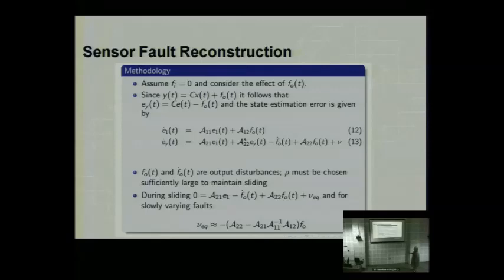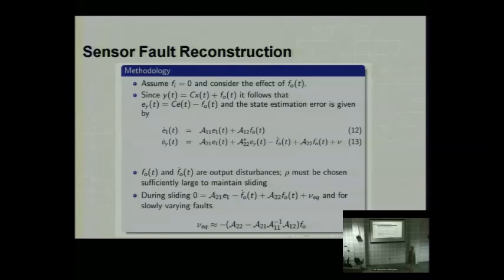So when you look at our observer error dynamics and you assemble them with this being E_Y, noting that E_Y dot will have an impact from the derivative of the sensor fault. So F0 dot, that's where that comes from: we need to differentiate this here, which gives us an F0 dot.